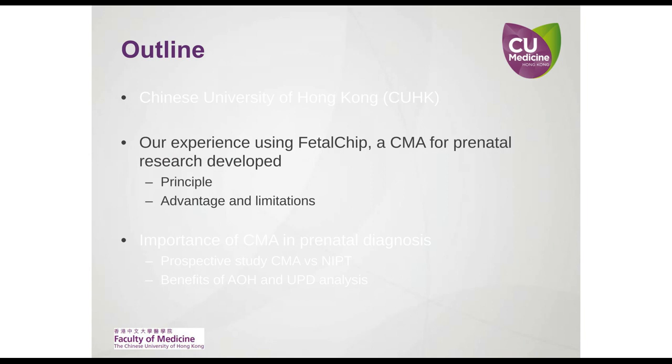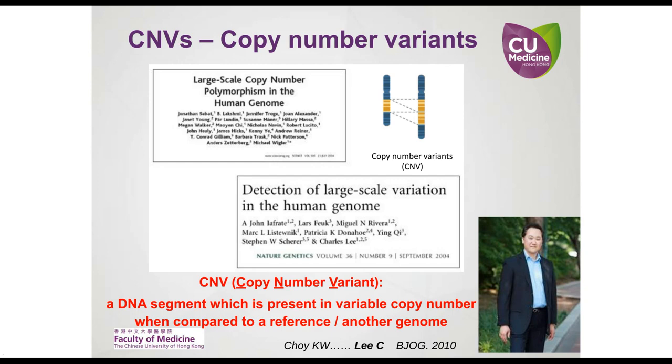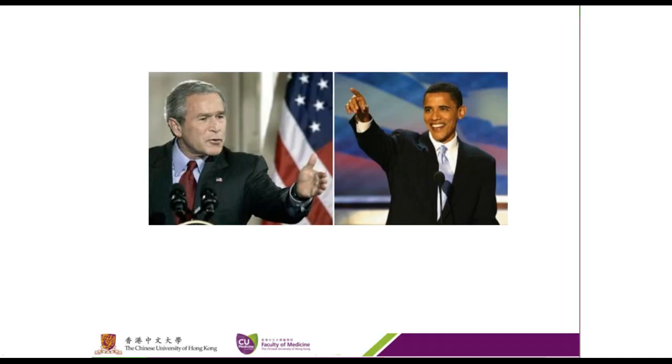In fact, all this began in the year 2004, when Professor Charles Lee and other groups published two papers in Science and Nature Genetics showing that within our genome there are DNA segments present in variable copy number, like what I show you in the chromosomes, where you see the yellow region is a region that could get duplicated in our genome. And from that time we start to appreciate that our genome is not as simple as what we knew in the old days, right?